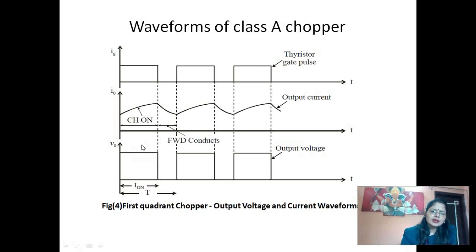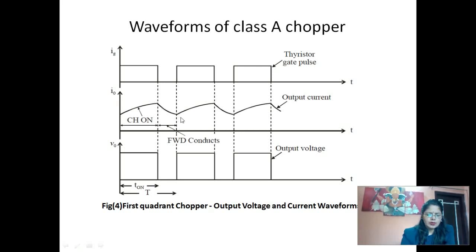Now the second mode of operation: when chopper is off, we provide zero gate current to the SCR. This time the inductor releases its energy, from its maximum value to minimum value, during the T off time.